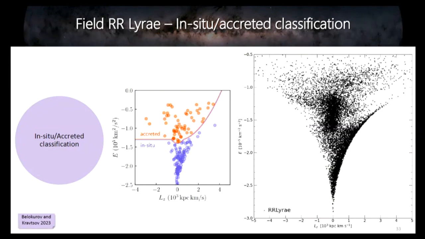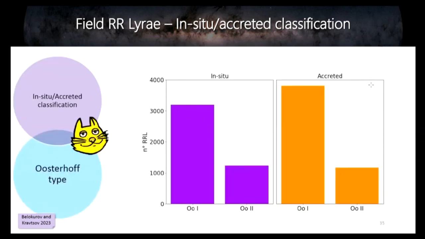The only difference is that in this plot, we have the energy shifted because we use another type of potential than, of course, Belokurov and Kravtsov. So in this case, I just want to highlight the two regions that we have separated. Also in this case, we cannot see a clear correlation between the Oosterhoff type and this type of classification.